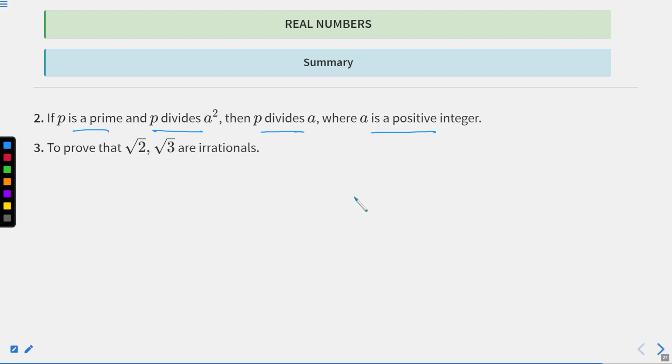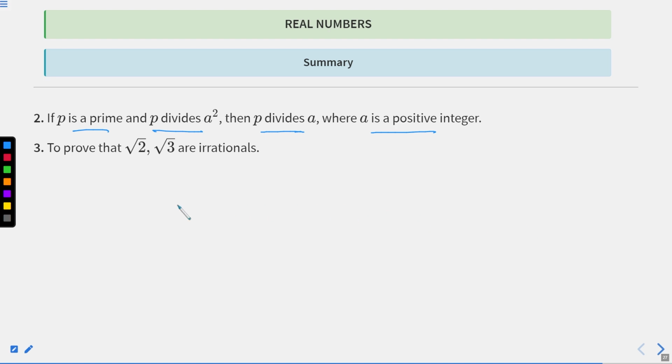Since p divides a square, p is one of the prime factors of a, so p also divides a. This very important theorem helps us prove that root 2, root 3, root 5 and similar numbers are irrational.